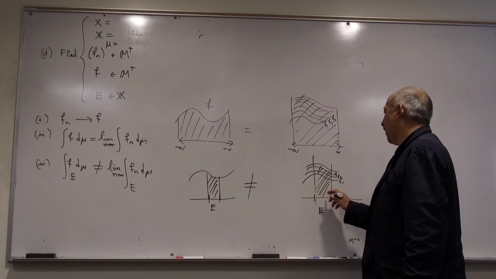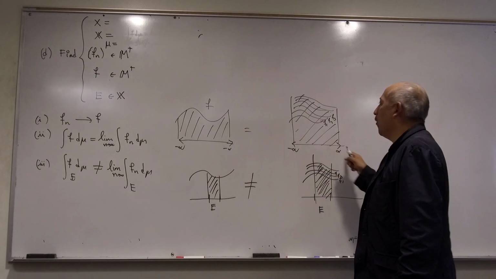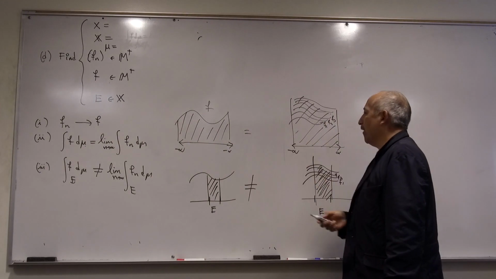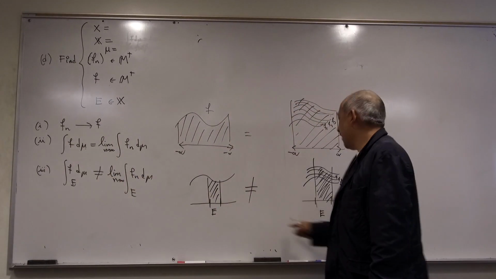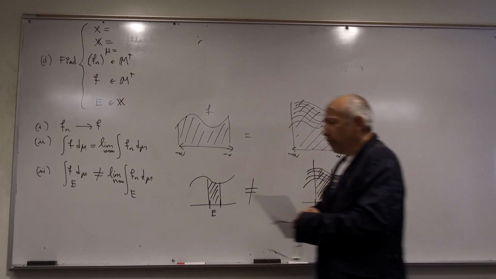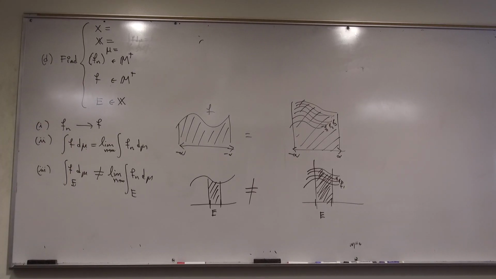You see what I mean, guys, or no? Yeah. So that's what we want: a function such that the overall area matches with this limit, but the area on a specific set doesn't match. That's what we want. So raise your hand if you have an idea.